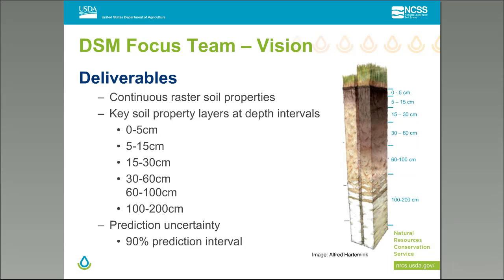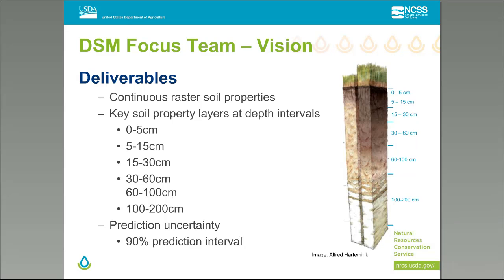I'll mention some of these key soil properties in a moment, but we've divided the profile into these 6 depth increments, and the properties would be represented as averages over those depth increments. So whether it's 0 to 5 or 15 to 30 centimeters, 100 to 200 centimeters.